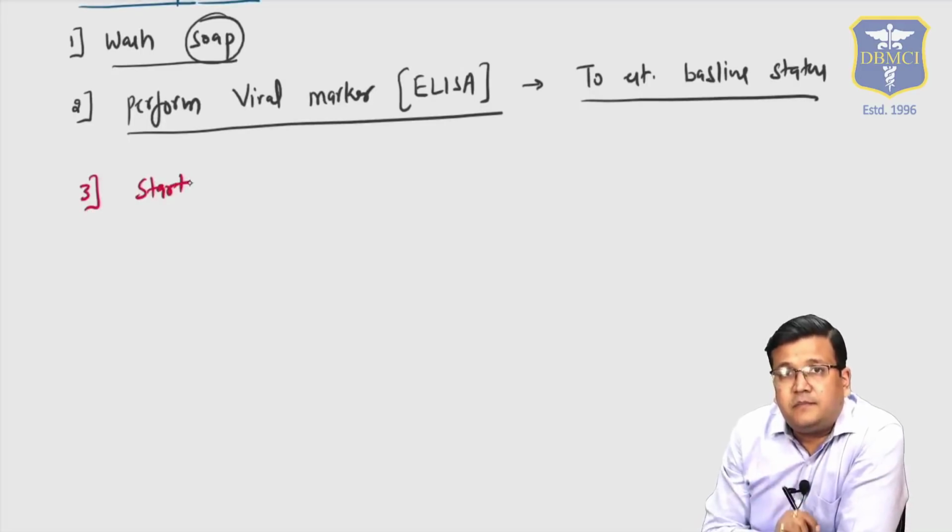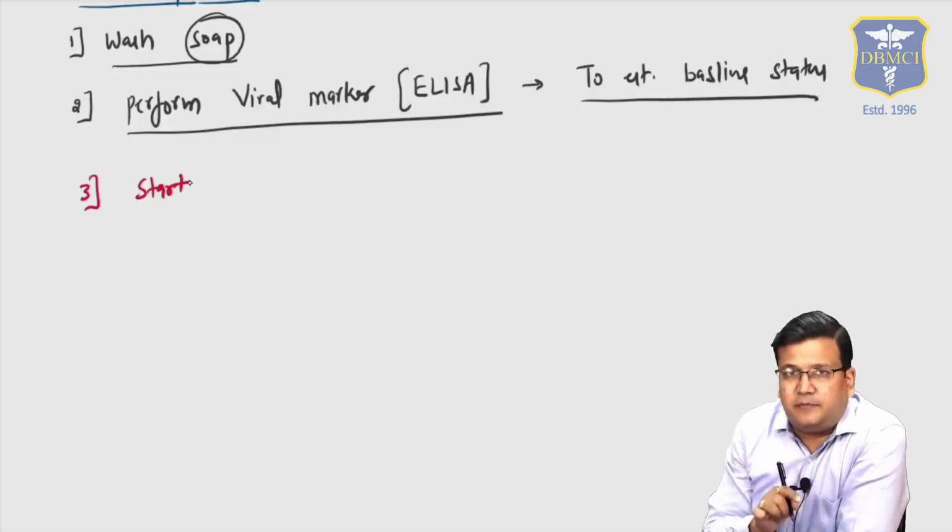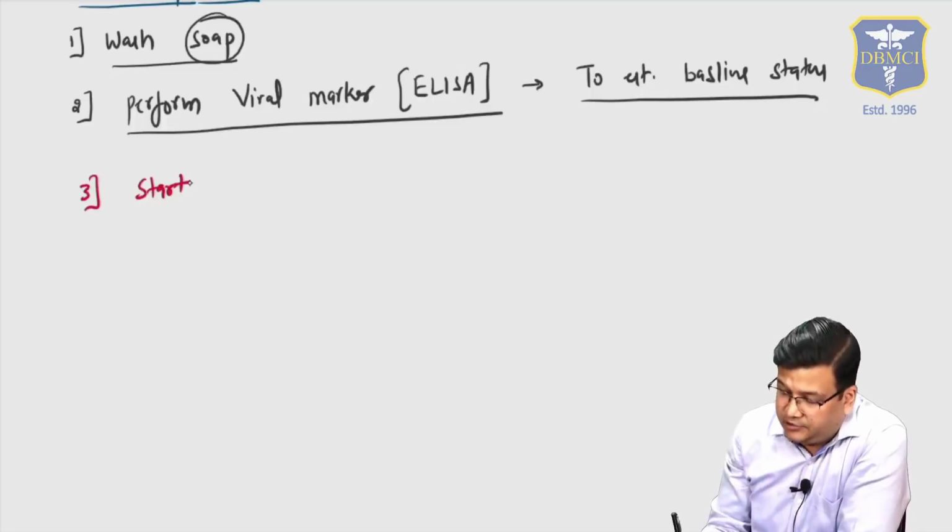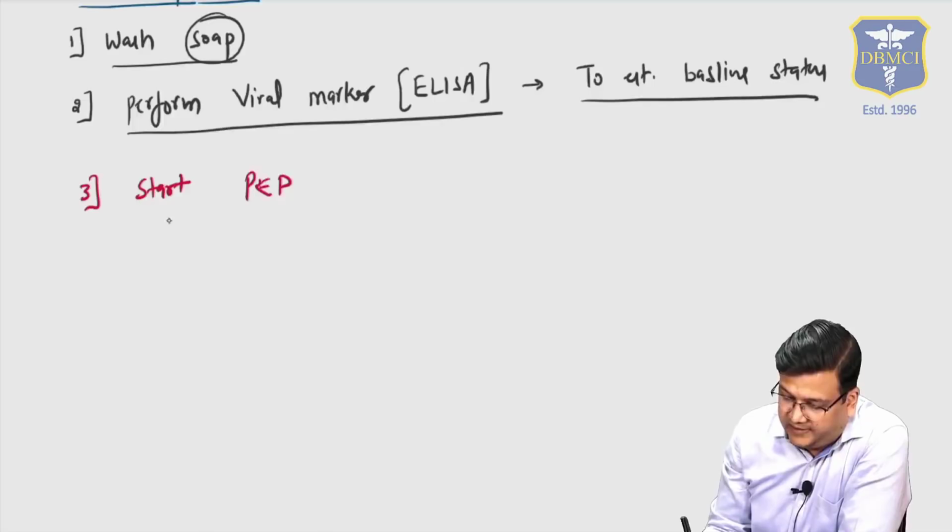Third, if the baseline ELISA is negative, that means the patient is not HIV positive at the time of prick, then you start post exposure prophylaxis.